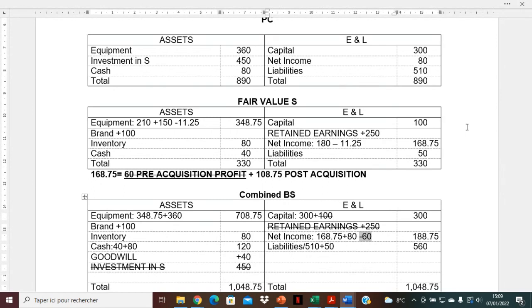Therefore, my group net income in 2025 should be the profit of the parent plus the profit of the subsidiary. Why should I take minus 60 in the profit of 2025? In 2025, there is no acquired profit. So I cannot do the adjustment in the net income of the following years. The adjustment in net income is only in the year of acquisition, because that is when I buy this profit. But in the following years, I cannot use net income anymore.